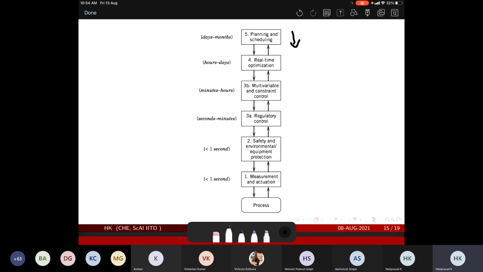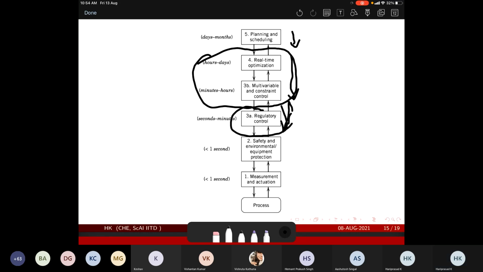Then you will have to start purchasing the raw material. Then you have to do what is known as real-time optimization and constraint control, which means deciding the operating condition that you need to fix for 1 day, 2 days. And whatever we are learning is one more layer below, which is known as regulatory control, which is directly talking with the plant.